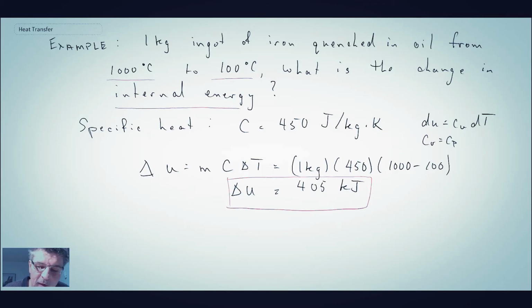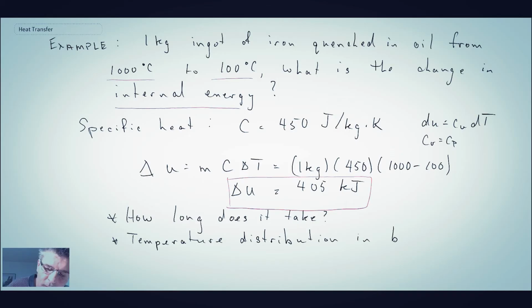And so what we need to do, we need heat transfer in order to figure those things out. With heat transfer, we can figure out the convective heat transfer coefficient on the outside. That would help us figure out how long it's going to take. And we would also use conduction and the heat diffusion equation that we'll be looking at in this course to figure out how the temperature on the inside of this iron ingot is going to change as a function of time. So the questions that we might ask: how long is it going to take, and what is the temperature distribution.